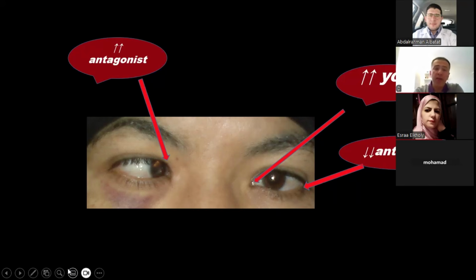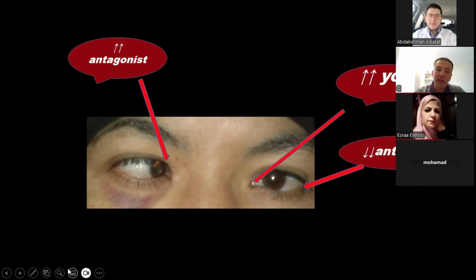Then the brain is trying to do its best to motivate the paretic muscle, so it sends much more innervation to the paralyzed muscle to make it work. And by Hering's law, the same innervation power will come to the other eye, to the medial rectus. So what will happen? The lateral rectus will receive much more innervation, but it will not be translated into action.